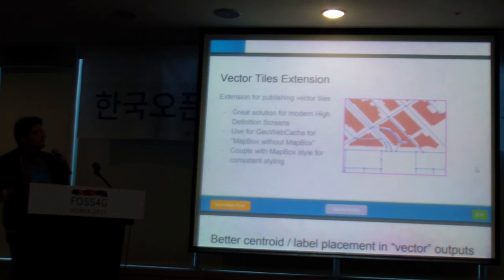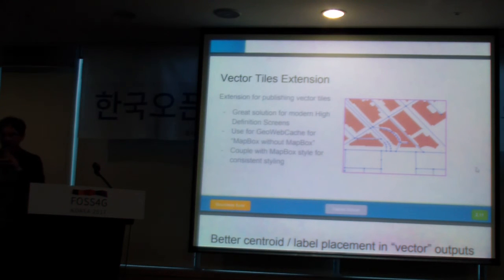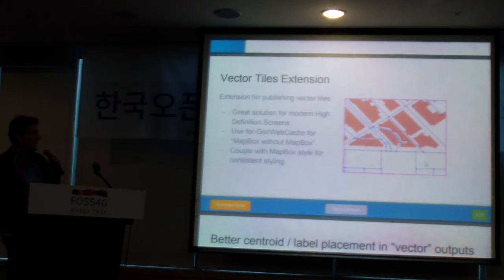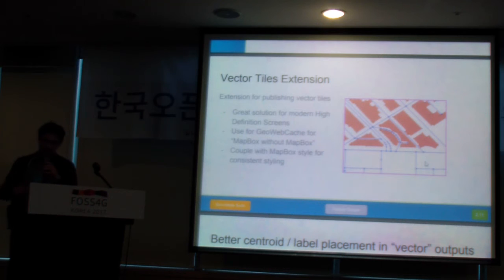Let's say this ability of GeoServer to generate vector tiles is also known as Mapbox without Mapbox. Because you can do what they do without their servers, but using your own.